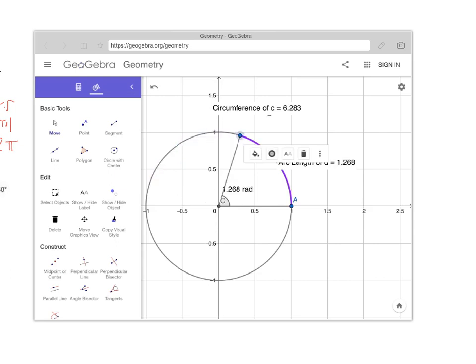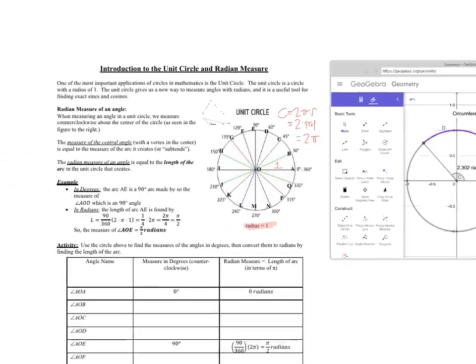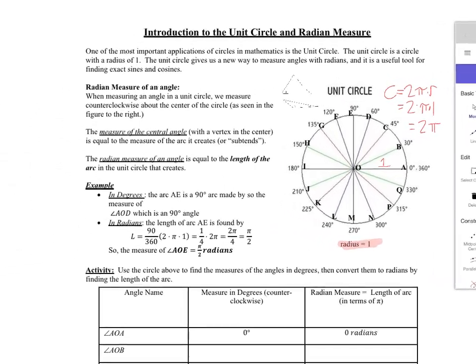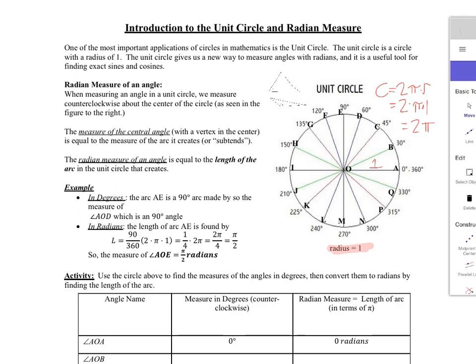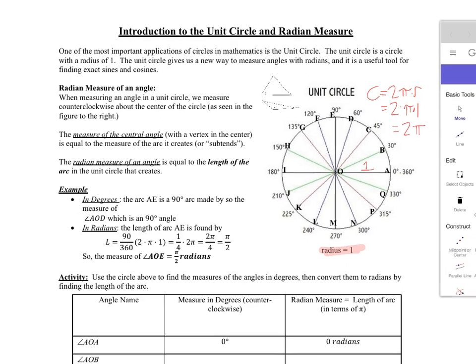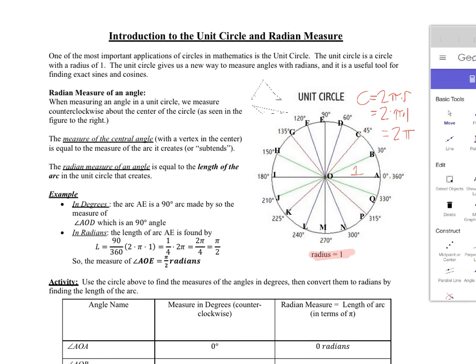So instead of degrees, now GeoGebra is measuring it in radians. And that radian measure is just the length of the arc. So that's the idea. Radian measure is the length of the arc. And as we get into advanced math, into pre-calculus and calculus, we're going to start measuring angles as radians.